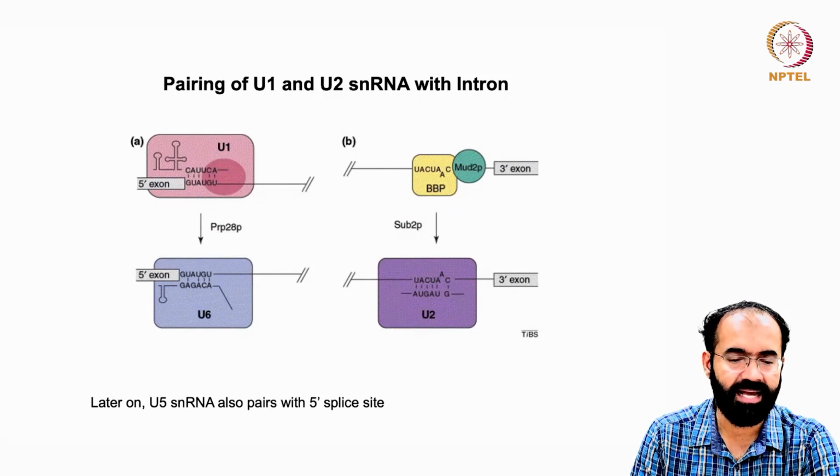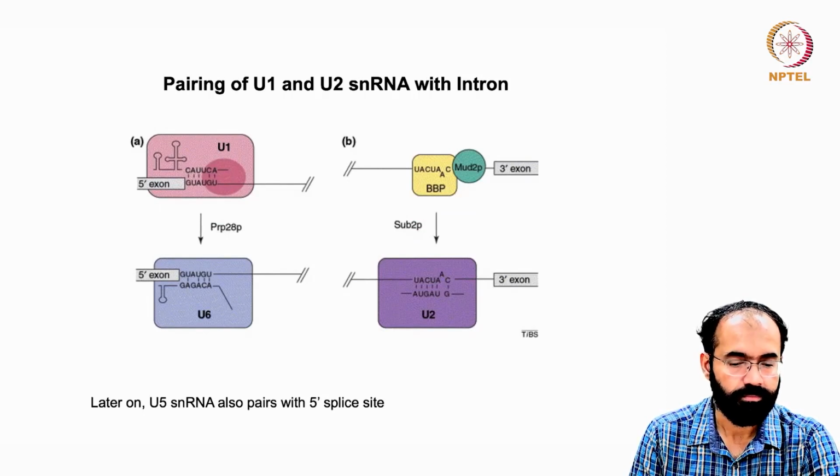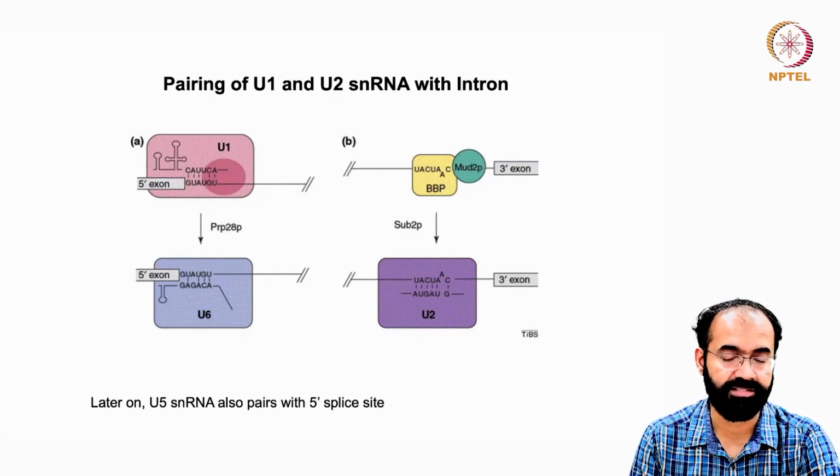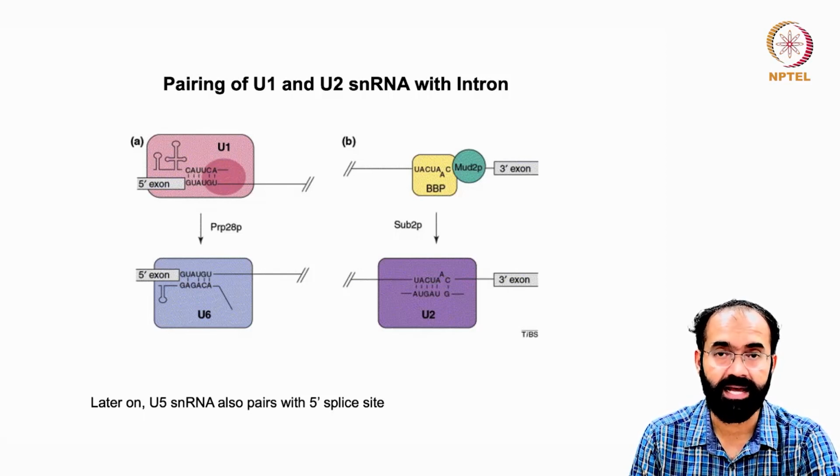So U1 snRNA is paired to the exon intron boundary, and this will eventually be occupied by U6 at a later stage, once U1 leaves the complex. At the branch point you have the U2 snRNA that joins, and this is with the help of a protein, Sub2p.